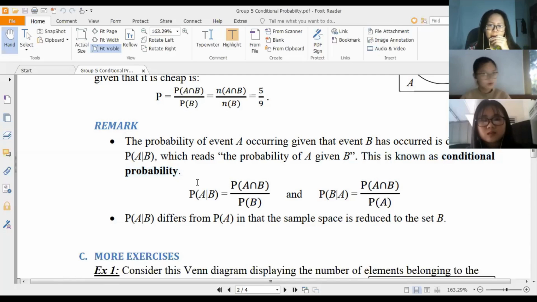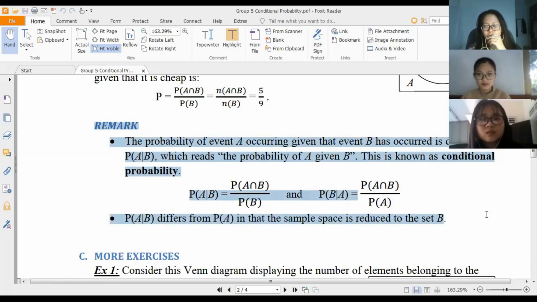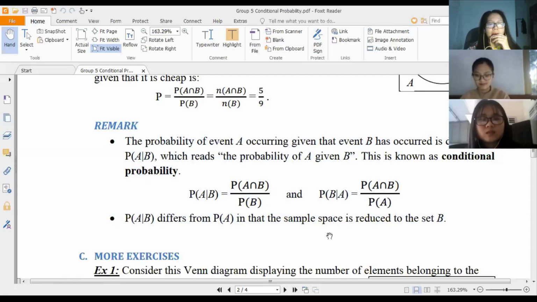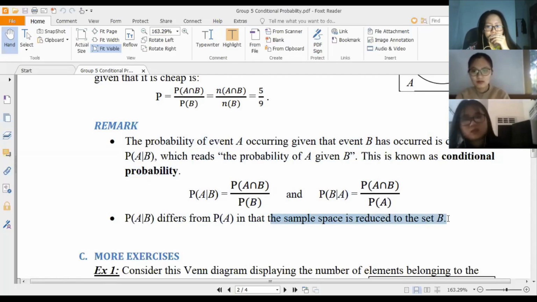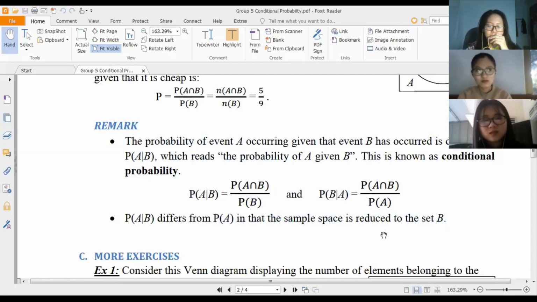And here's the formula. I recommend that you take note of this remark in your notebooks, please. And the probability of A given B differs from the probability of A in that the sample space is reduced to the set B.